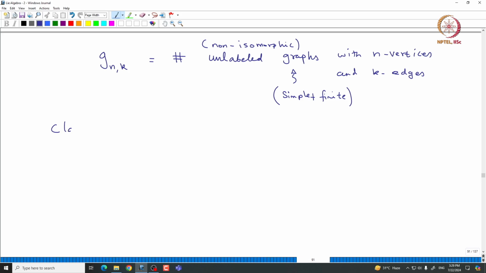So, what are we going to claim? These numbers are very interesting, and they appear in many places. For fixed n, the sequence G n k, where k runs from 0 to the maximum, is indeed unimodal.